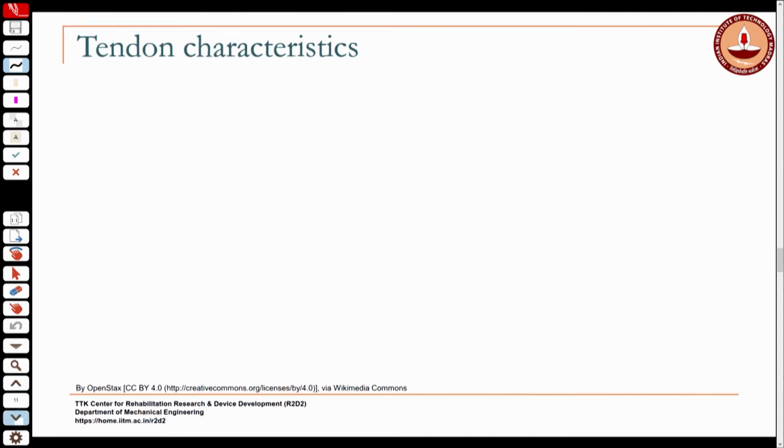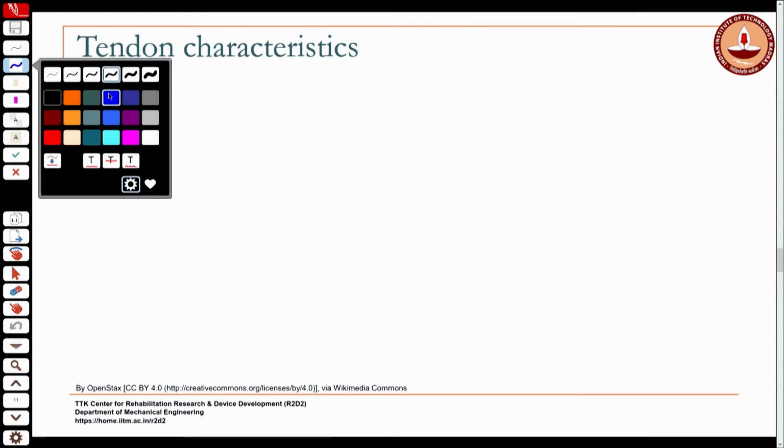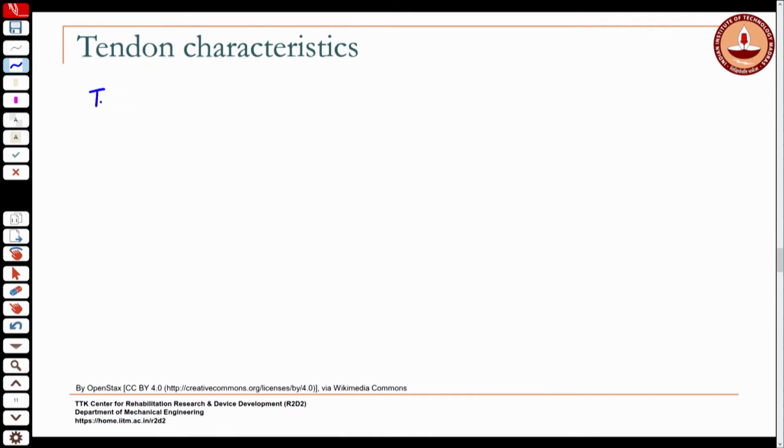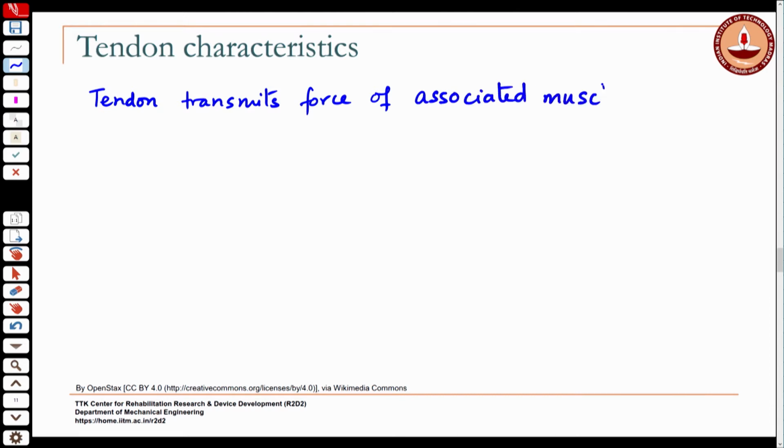So, if you look at tendon characteristics, essentially the tendon serves to transmit the force of the associated muscle to the bone.